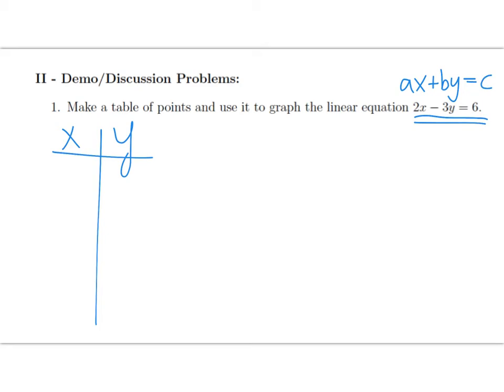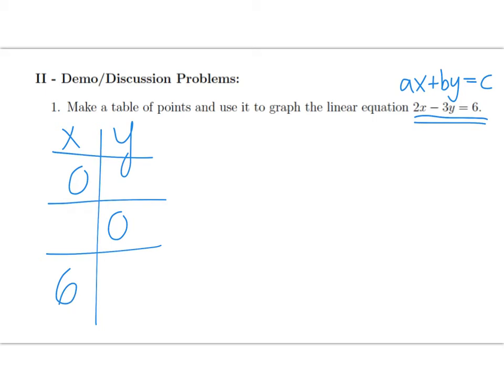It's really nice to get the x and y-intercepts, and here's why. I'll get the y-intercept first, make x be 0. I'll get the x-intercept second. And then for fun, I'll plug in one other value just for fun, for x.